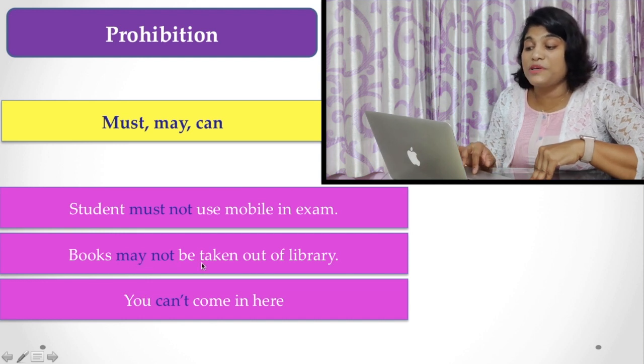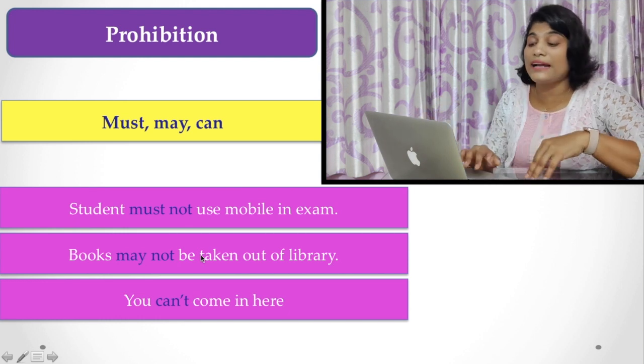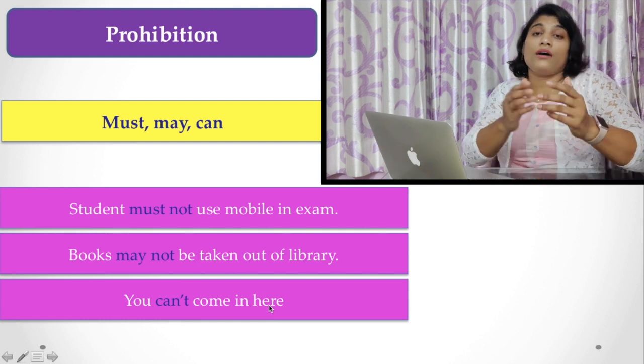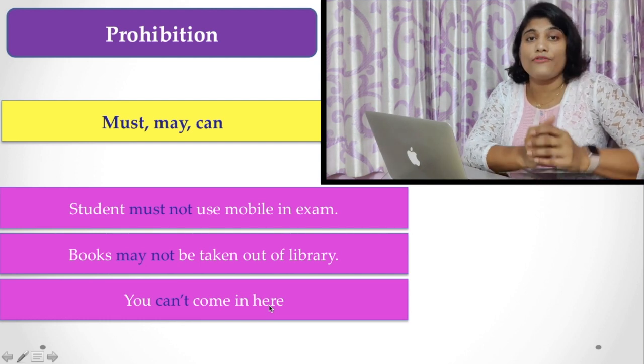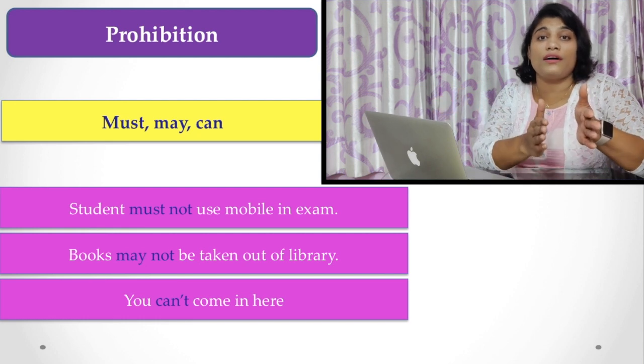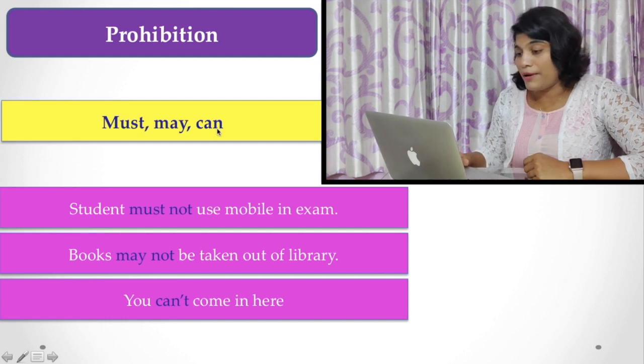Books may not be taken out of the library. Here, may not be taken means you are not allowed to do that. You can't come here. So in all these cases, when you are talking about not doing something, you are not allowed to do something, you must use these modals like must, may, and can.